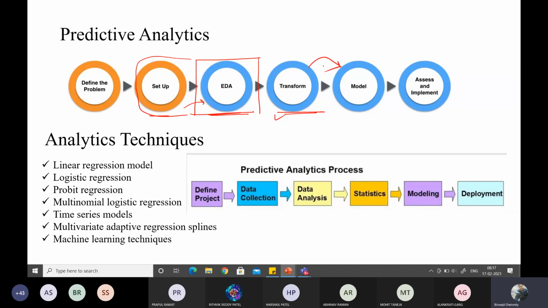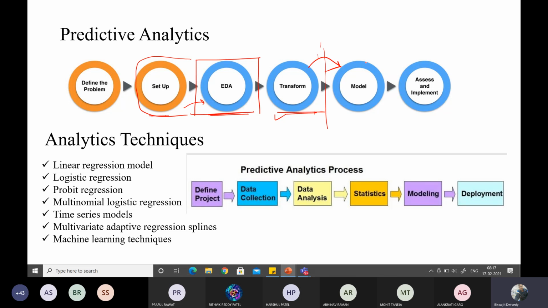For implementation into a specific model, we need these types of transformations, because these are transformations of different functions. This step depends upon the type of model we are going to implement. Once this step is completed, we can go for modeling.